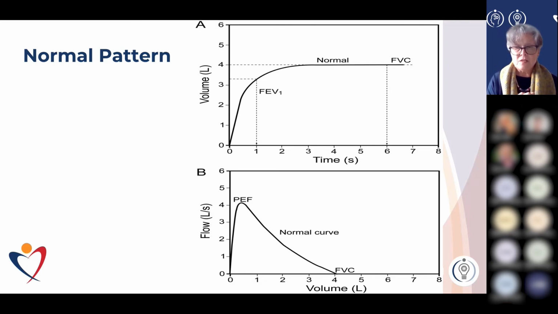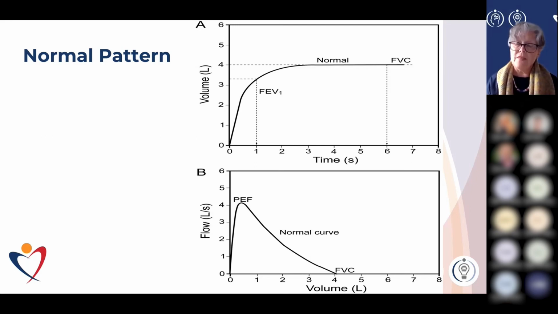So the patient would start at 0, having been appropriately prepared and explored for any contraindications, and there's a lot to go through with that before the patient starts to do their spirometry. And they would always do a relaxed blow first in order to capture the maximum amount of air in their lungs without any time attached to it, as we've just discussed.